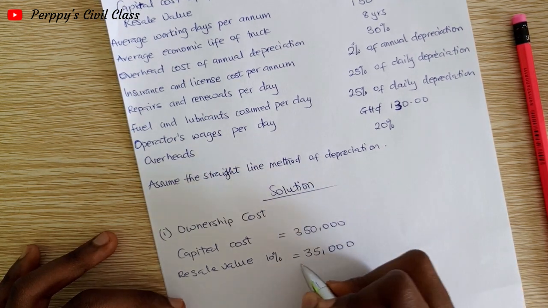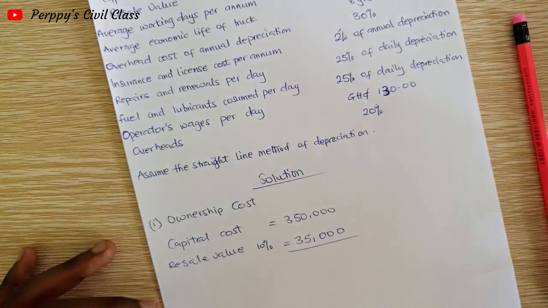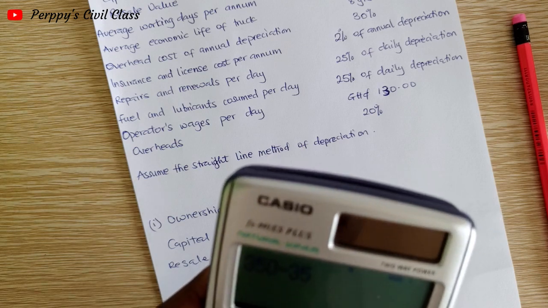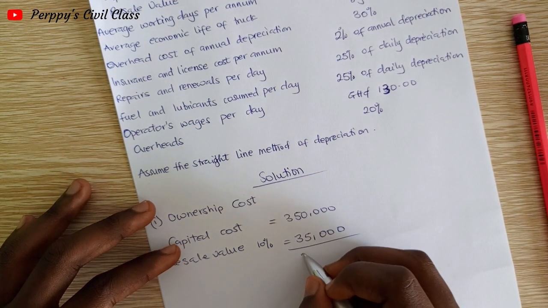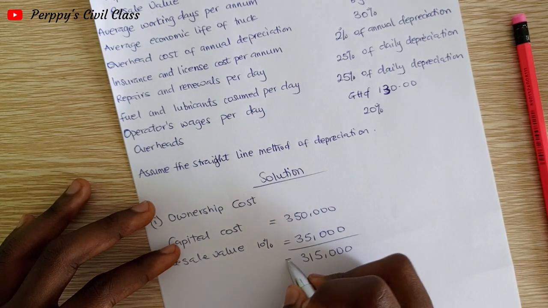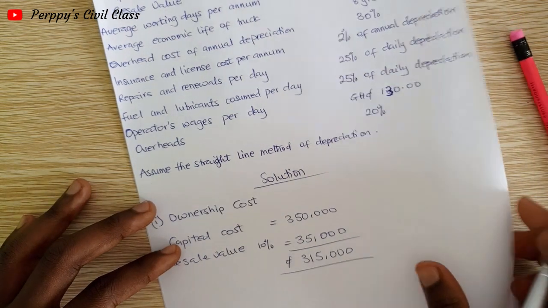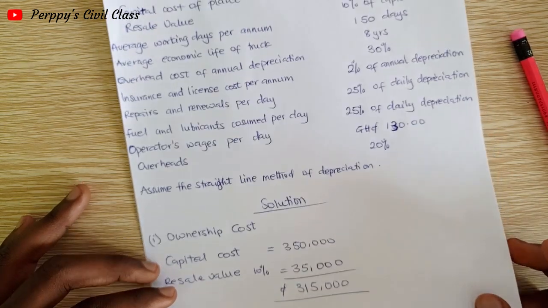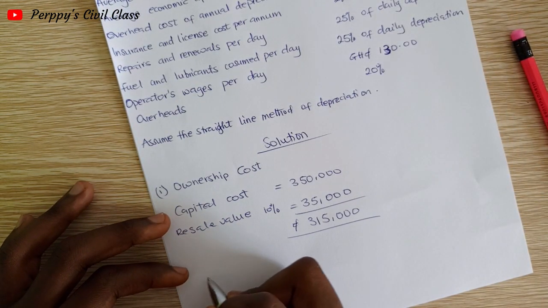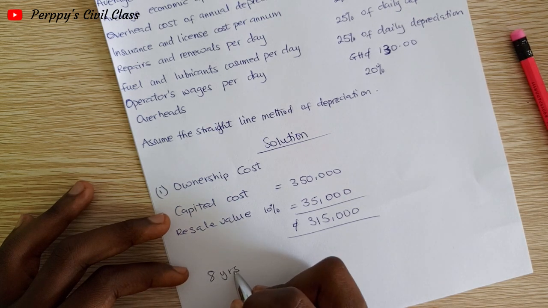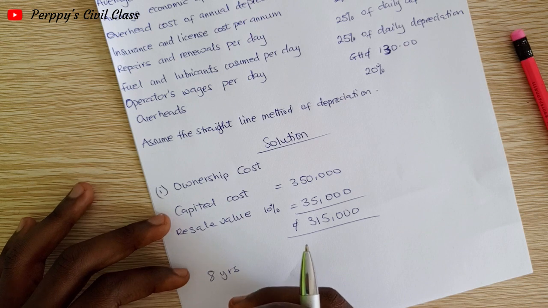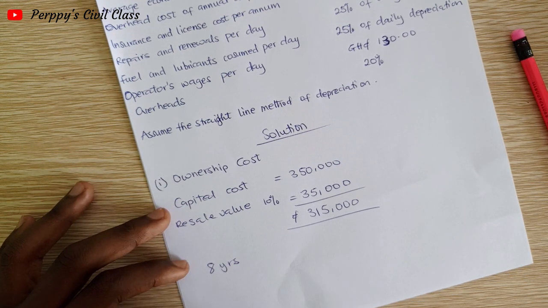Okay, so we have to subtract. 350,000 minus 35,000 is 315,000 Ghana cedis. The average economic life of the truck is 8 years, so we are going to use the 8 years to calculate the annual depreciation cost.